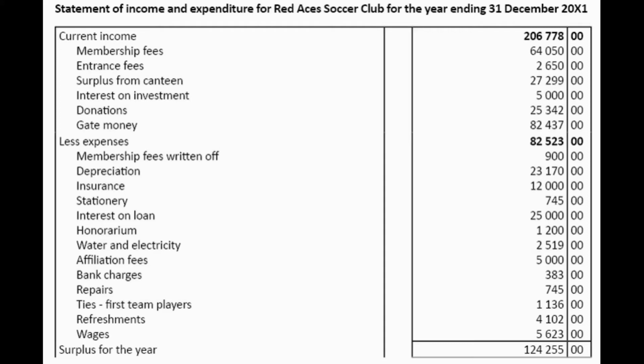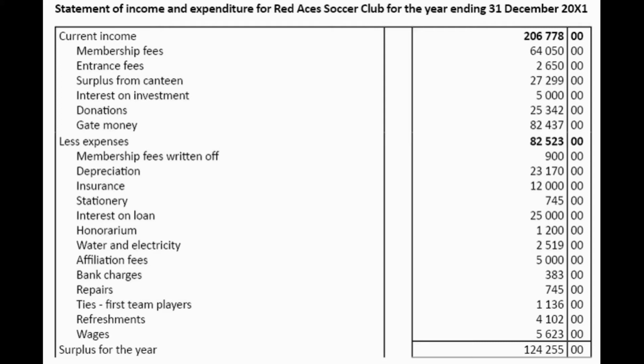The same with the gate money, 82,437. No adjustment, so it comes straight from the statement of receipts and payments. If you add up those income items, you get 206,778. That was your total income for the year.